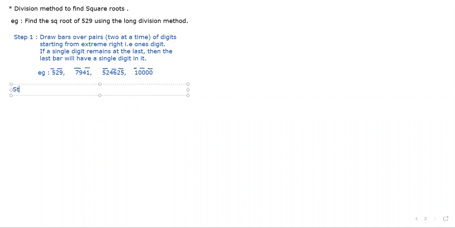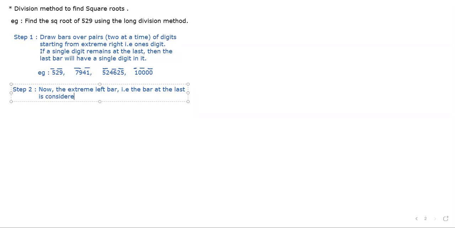Step 2. Now, once the bars are drawn, the extreme left bar, that is the bar drawn at the last, since we start from the right, is considered first. Very important method.